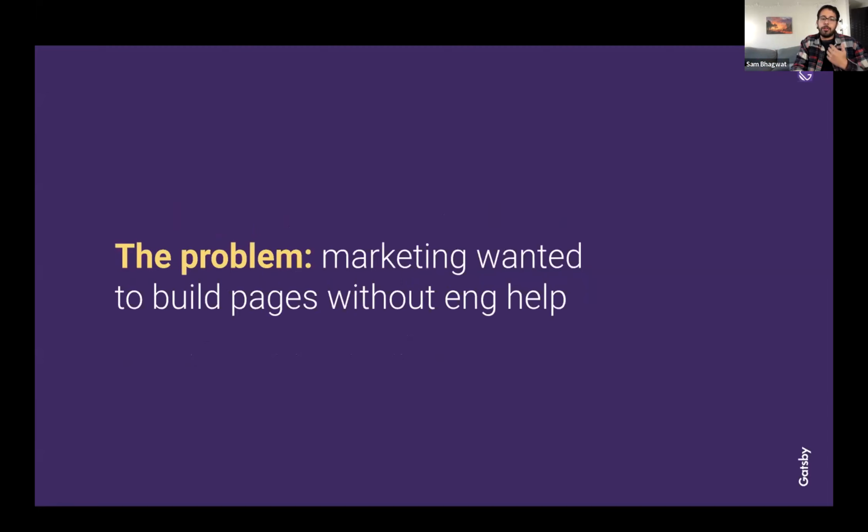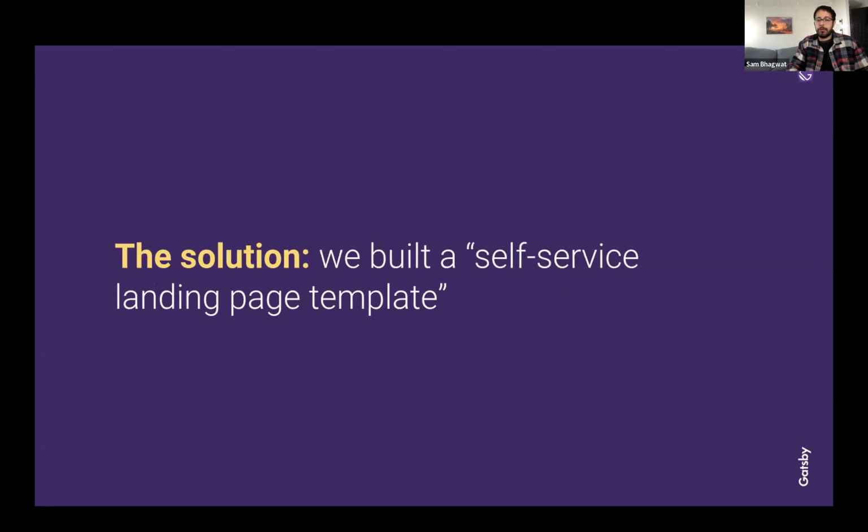The problem might sound familiar. We'd built a site, our GatsbyJS.com site, and had been running it for a couple of years, and we just custom built every page. Our marketing team said, hey guys, can you give us some control over the website? We want to build pages ourselves without needing to bug you every time we need to make some tiny change, and we want to be able to make our own pages. So we built a template that let them do that.